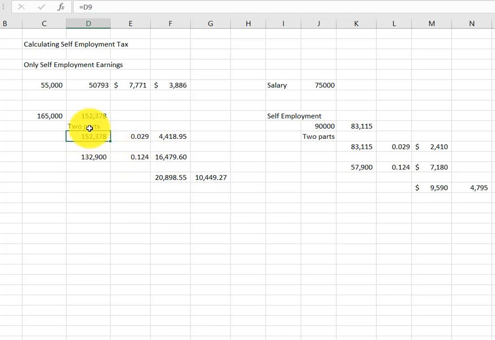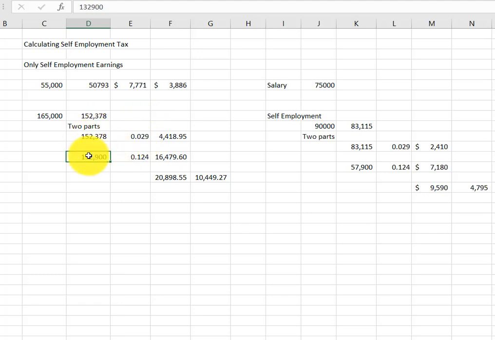So you take the whole amount and multiply it by the Medicare part, 0.029 or 2.9%. And then because we're over the threshold, we only have to pay up to the threshold, 132,900 times 0.124 or 12.4%. Notice that those two together are 15.3% or 0.153. That's all the self-employment tax.